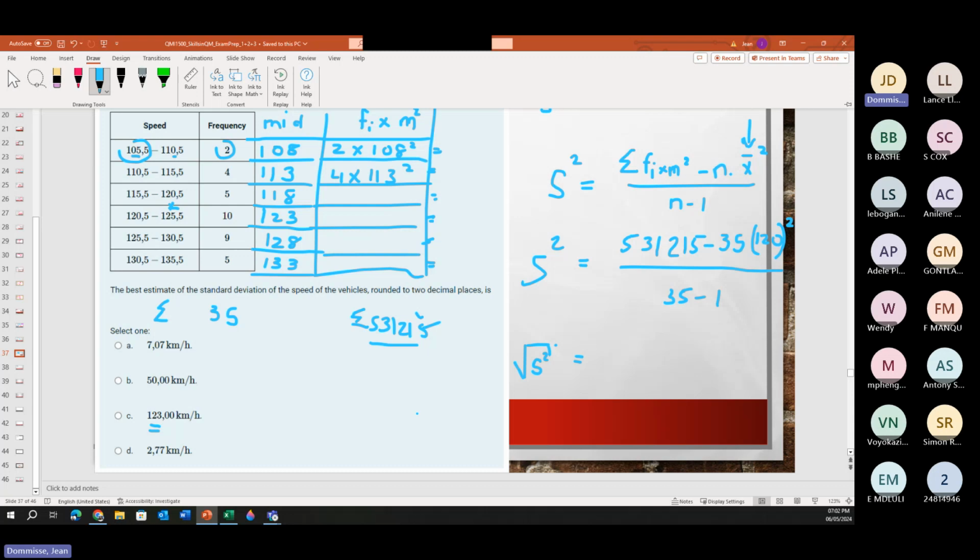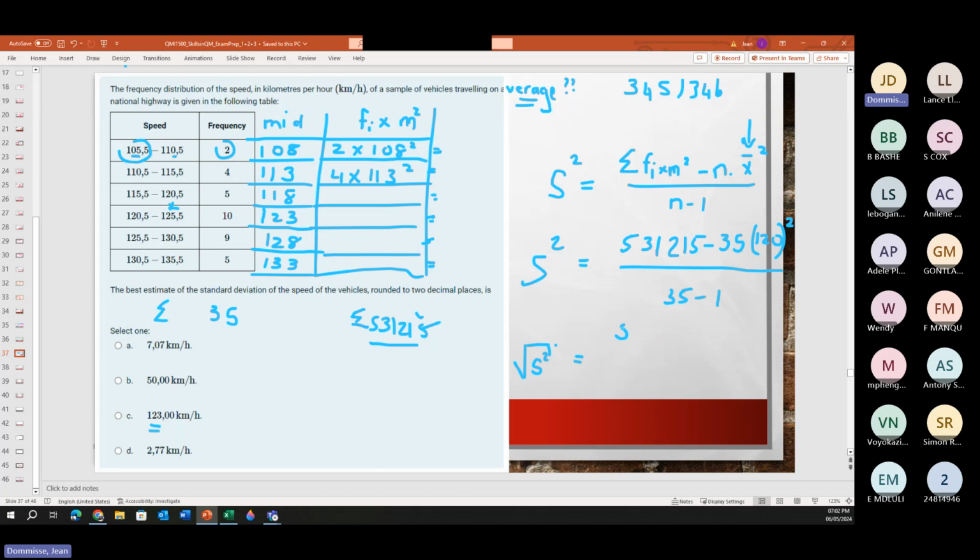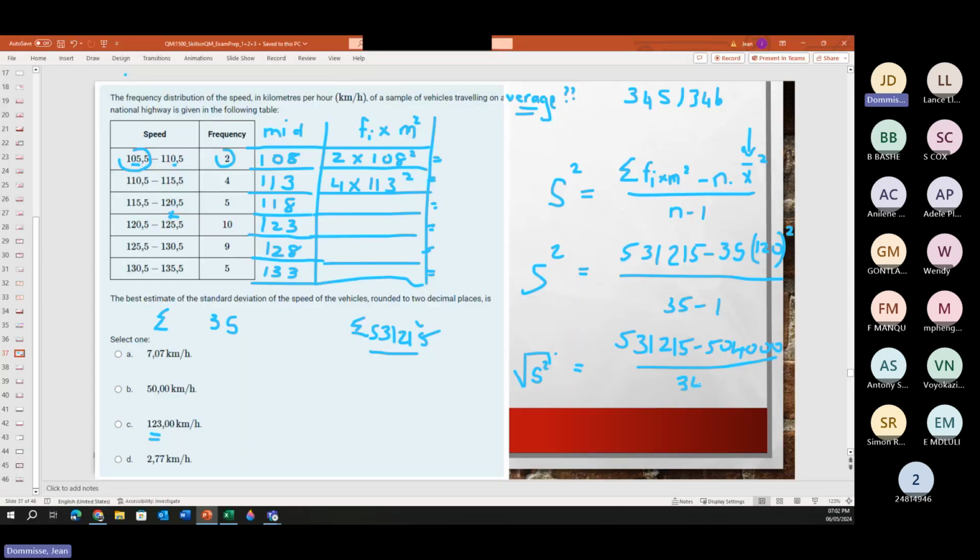I will show you what we get if it is 120: 531,215 minus 504,123 divided by 34. So the bigger the mean becomes, the smaller that gap is becoming.